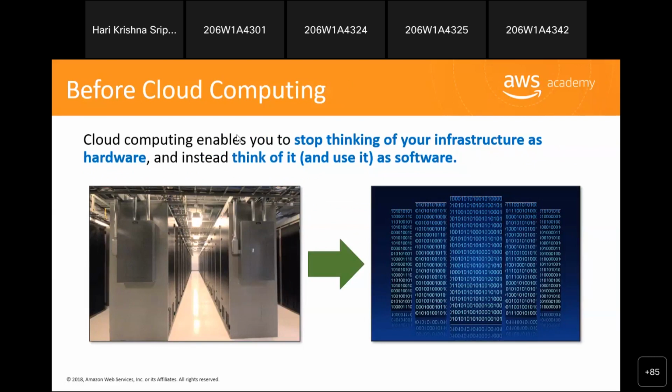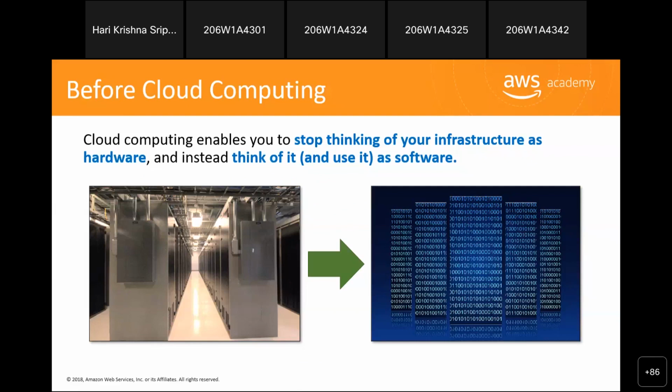So cloud computing enables you to stop thinking of your infrastructure as hardware and instead think of it as software. I'll tell you one simple example. You might have heard about an on-premise server and an AWS server.